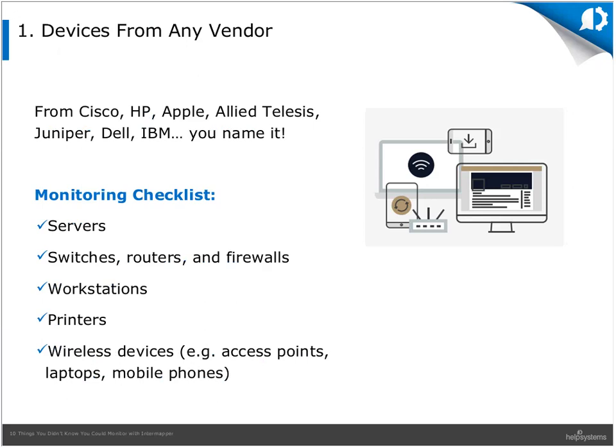Oftentimes environments are not homogeneous, they're heterogeneous, with multiple different types of components, whether different hardware or different vendor solutions within a particular space. Intermapper doesn't care what that hardware vendor is.